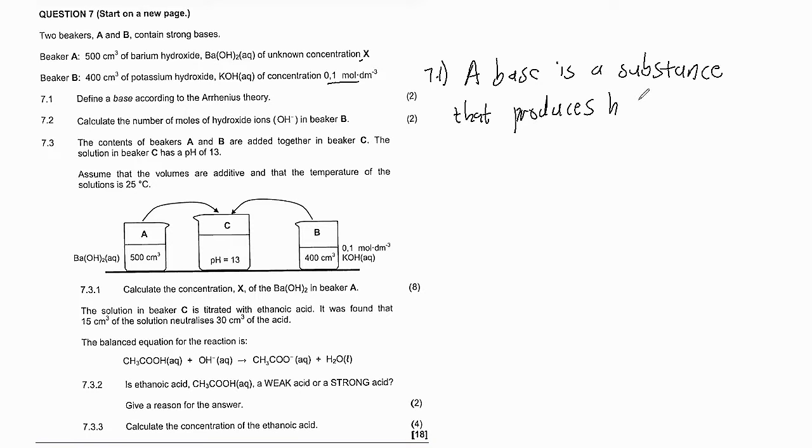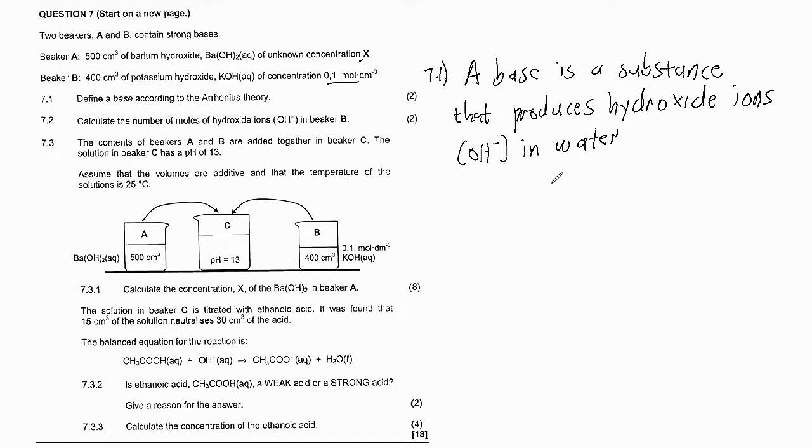So quickly on that one, we say a base is a substance that produces hydroxide ions, which is your OH⁻, in water.